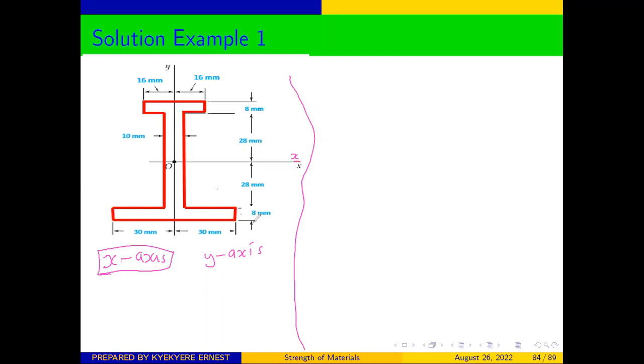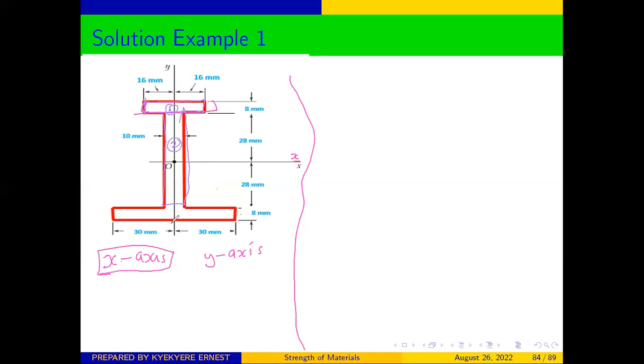So what we are going to do is to divide our structure into sections. We can take this whole part here as our first section. Let me change the color. So this is going to be section 1. Then we can pick the whole of this, which is going to be our second section.